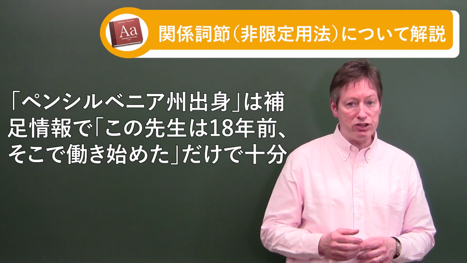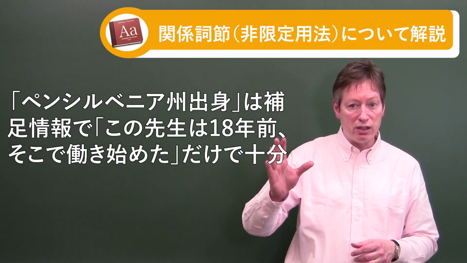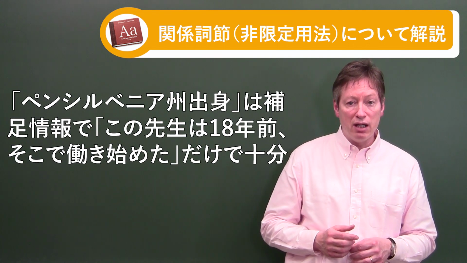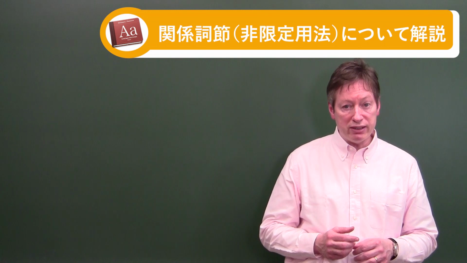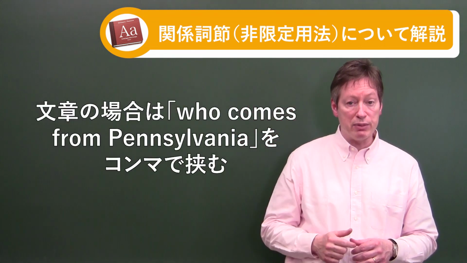That's extra information, and I did. So just the teacher started working there 18 years ago is enough to understand the sentence, but I wanted to put in some extra information. And when written, who comes from Pennsylvania would be separated by commas.